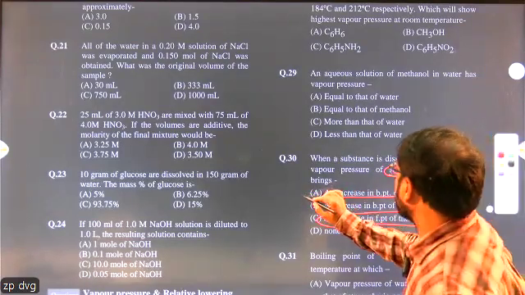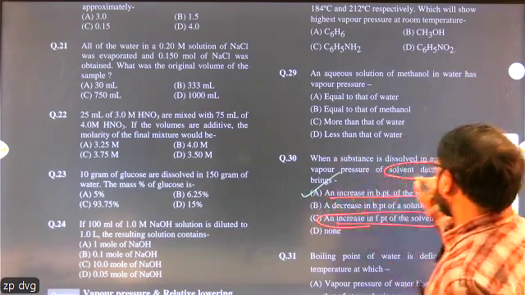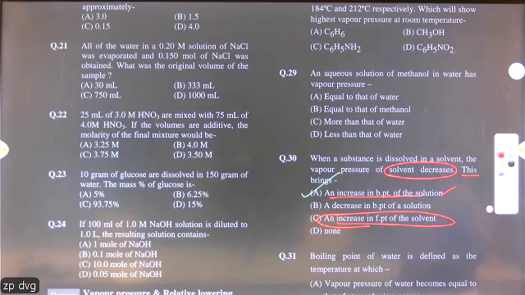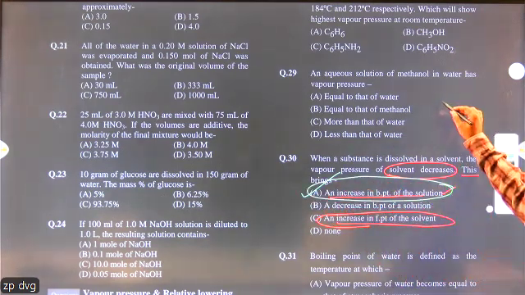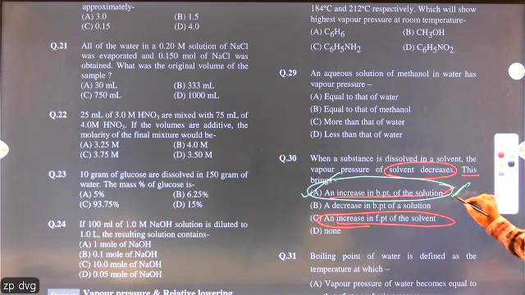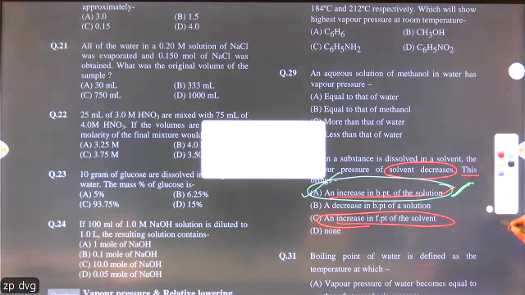If we dissolve a substance, its boiling point increases because vapor pressure decreases, therefore the boiling point increases. So the correct answer for the 30th question is option A.